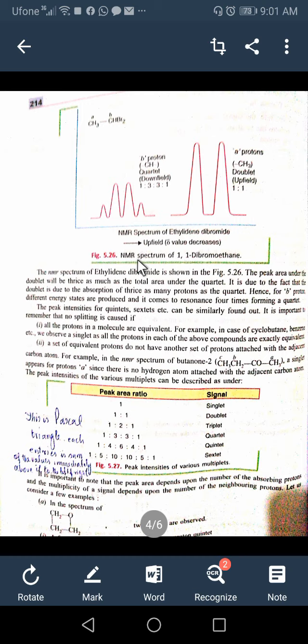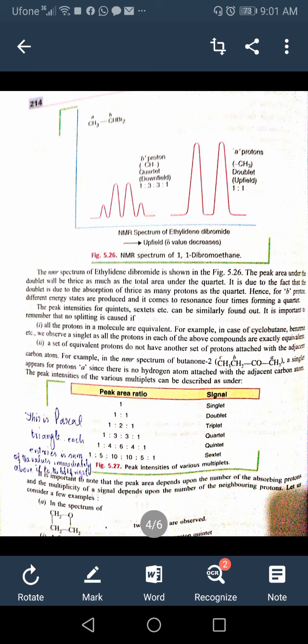So this is the basis of spin-spin splitting or spin-spin coupling in the NMR spectrum, and how spin-spin splitting gives the different lines in the split peak.